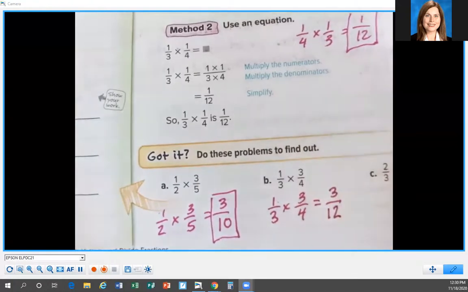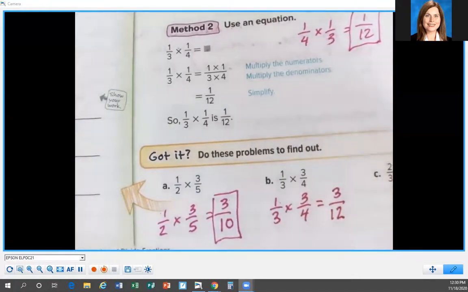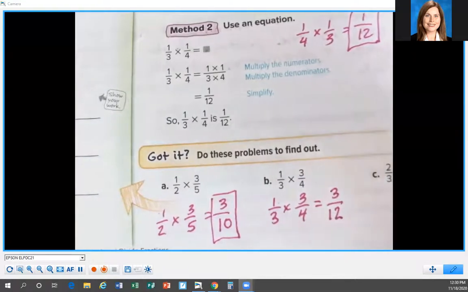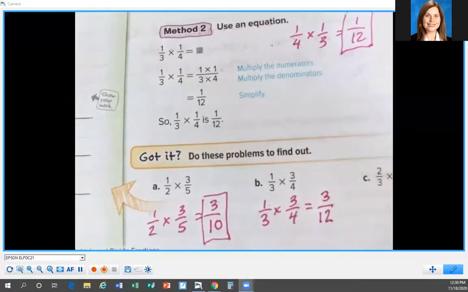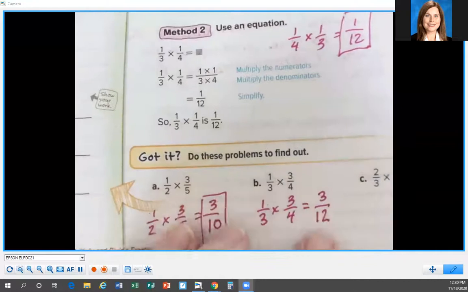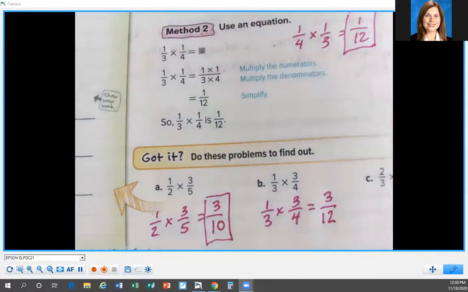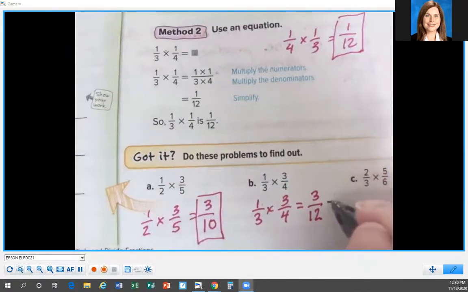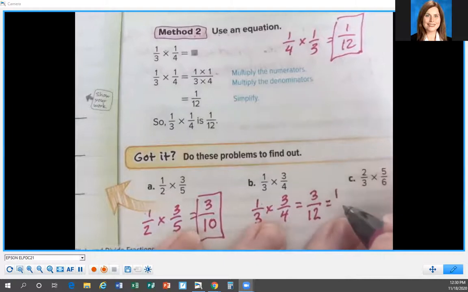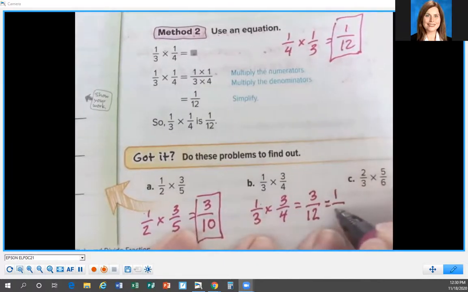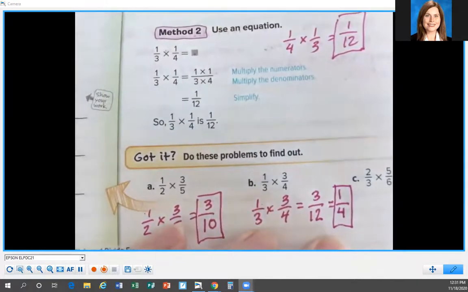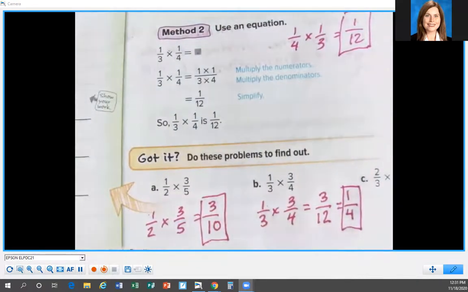Now 3/12 is our answer, but it's not our correct answer because it's not simplified. When I look at this fraction, 3/12, the 3 and the 12 have a common factor, and that's a 3. They're both divisible by 3. Okay, 3 divided by 3 will give me 1, and 12 divided by 3 will give me 4. So the most simplified answer and the only correct answer is 1/4.